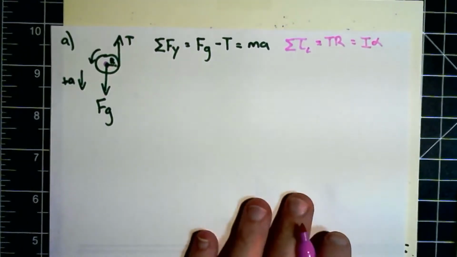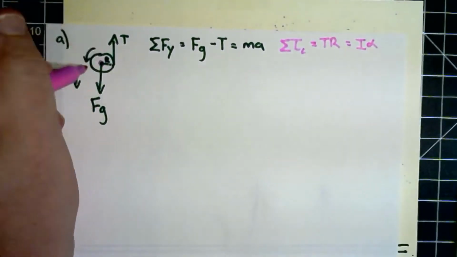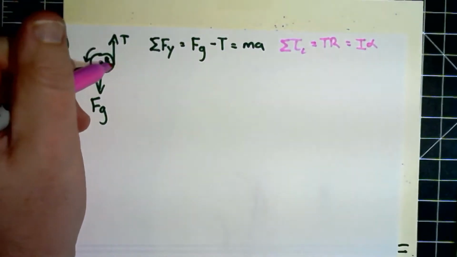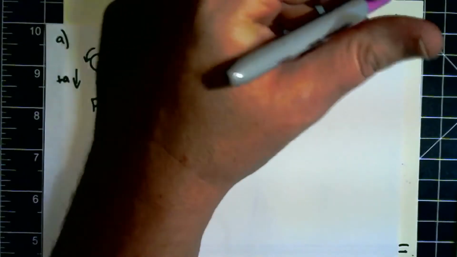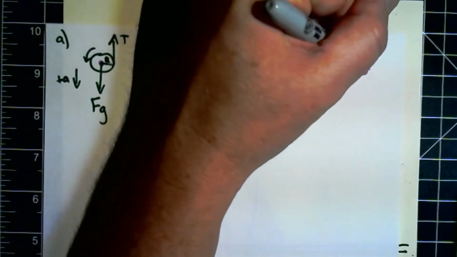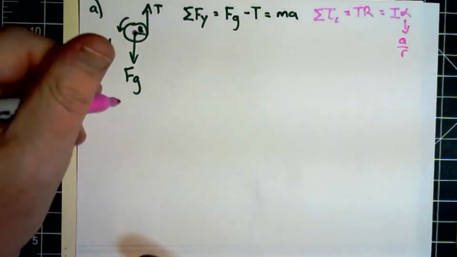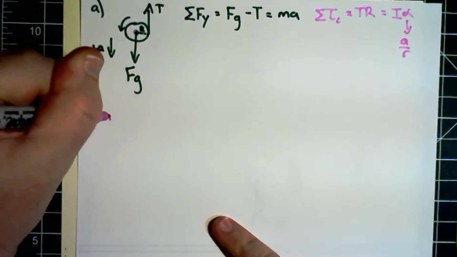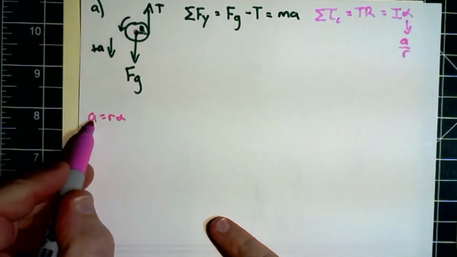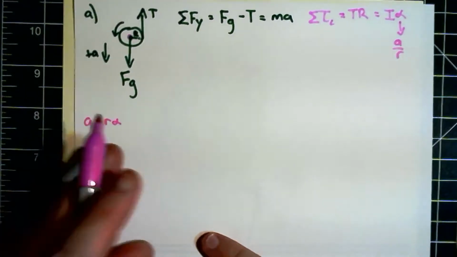All right. And if you remember, for things going in a rotational direction, we can replace alpha with a over R. Because if you remember, just kind of off to the side here, a is equal to R alpha. A linear acceleration is equal to R times angular acceleration.